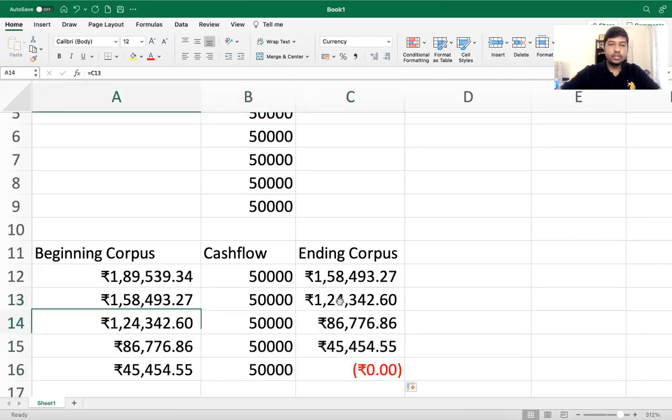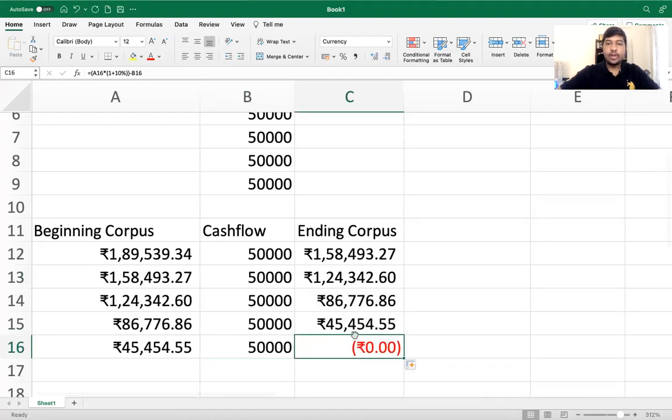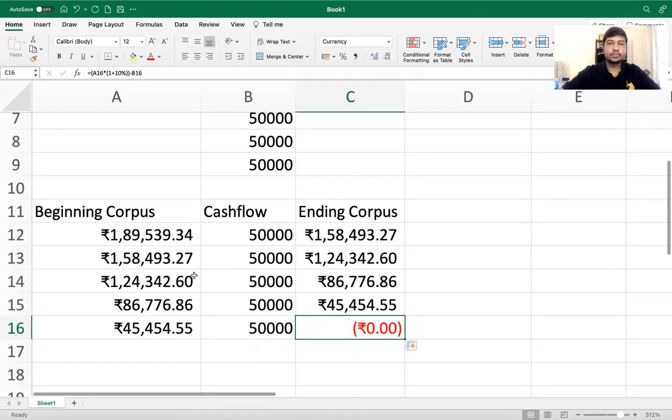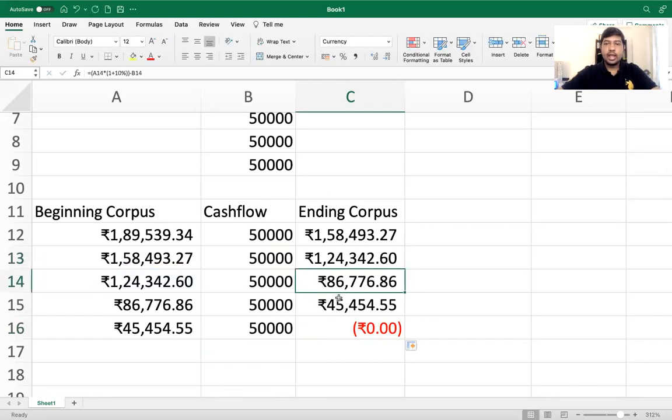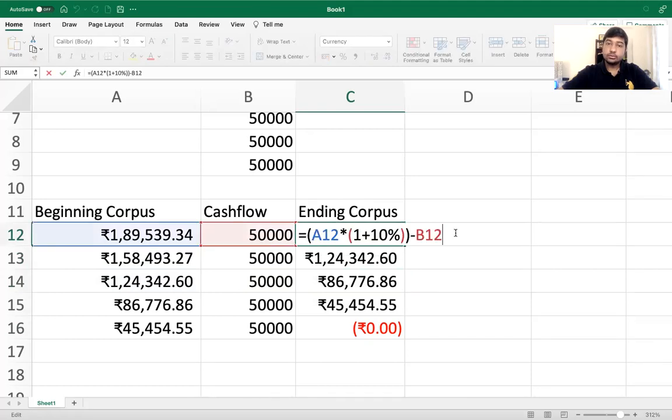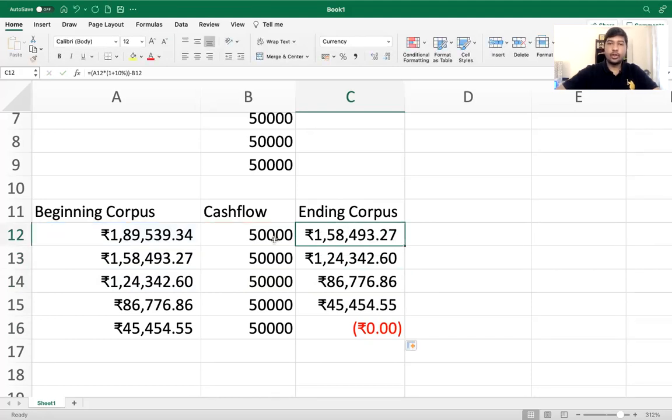And if you drag it, you see that after the end of 5 years, the amount will be 0. Isn't this interesting? Okay. What I simply did was I just had the interest earned before, and at the end, the cash flow was withdrawn.